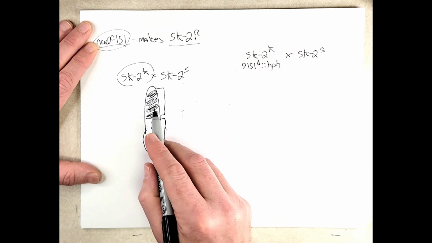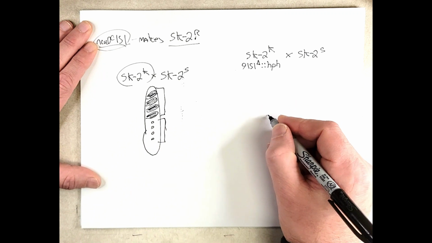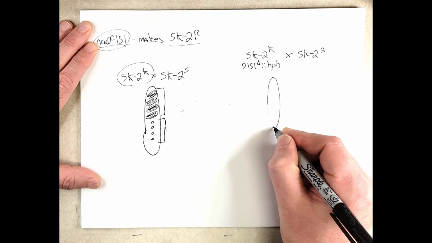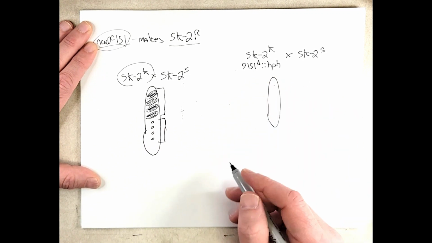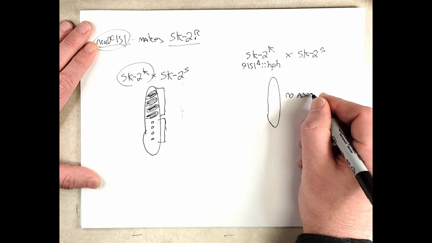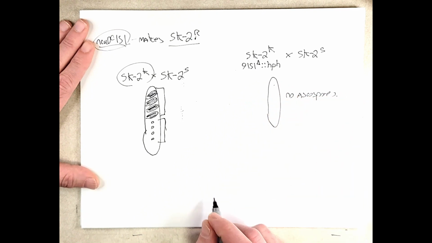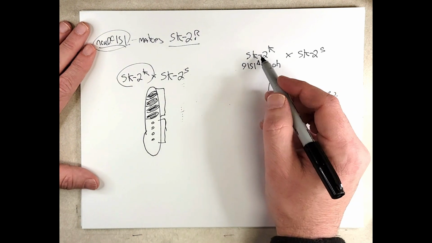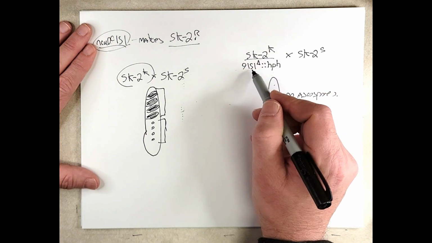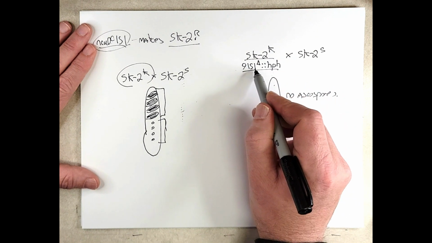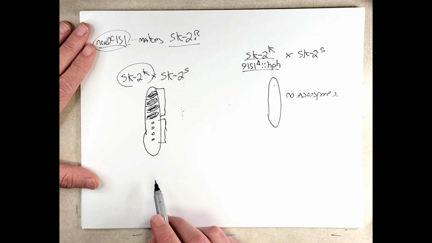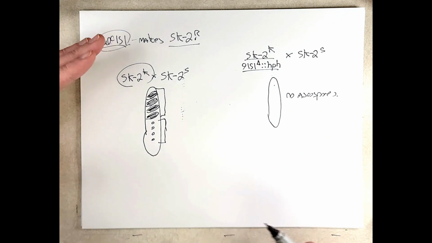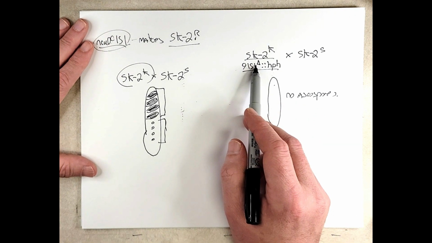Instead of getting this phenotype over here, what you get is empty asci. So no ascospores. Everything dies. So what that tells us is that SK2K uses 9151 to resist the effects of its own killing process. And when you delete that, everything dies.